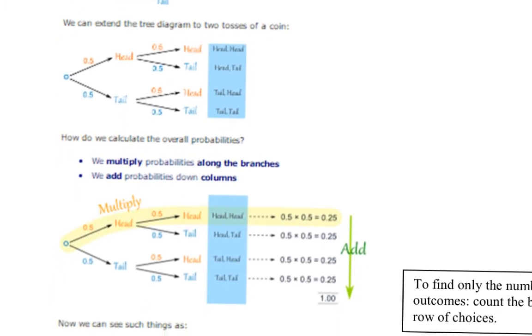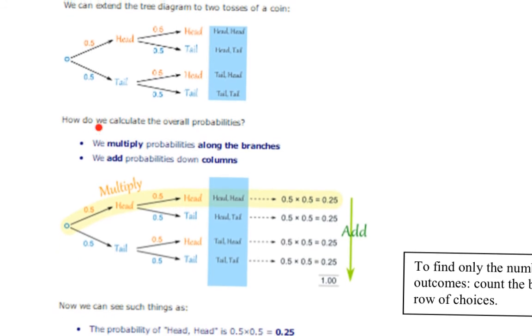So how do you calculate the overall probabilities? Well, you multiply probabilities along the branches and add probabilities down the columns. So to find the probability of flipping heads twice, you would multiply down the branch.